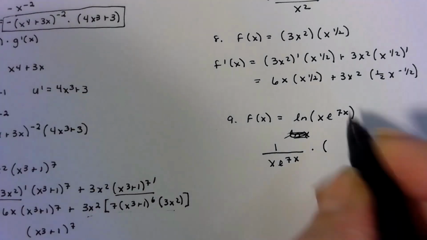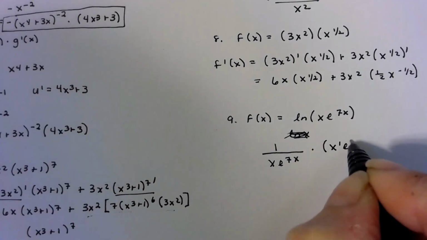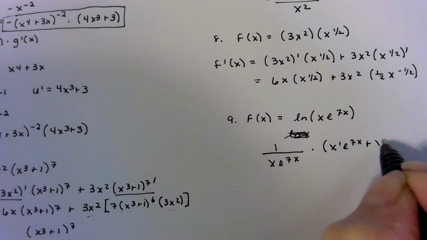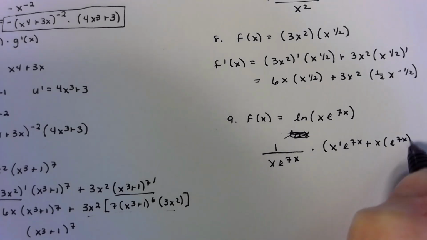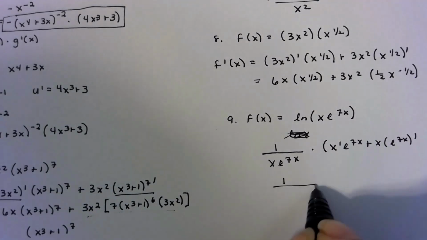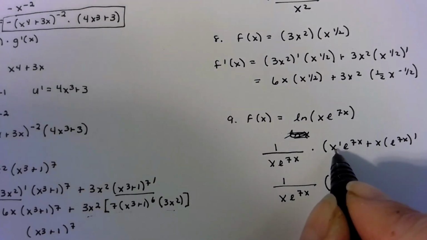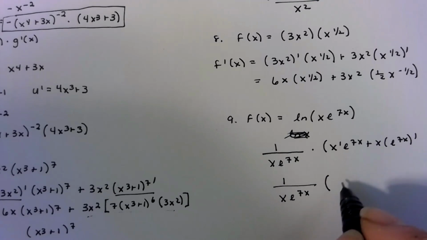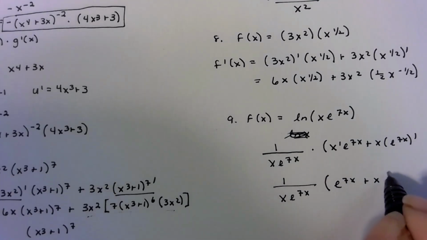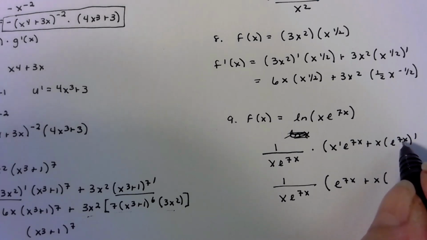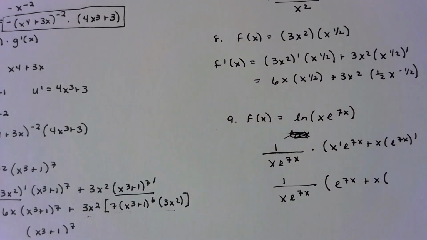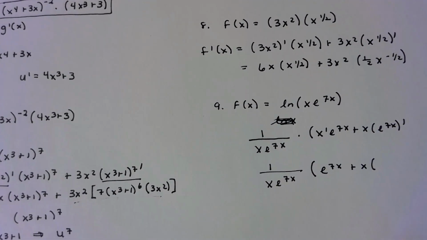So I have to employ the product rule. x prime times e to the 7x plus x times (e to the 7x) prime. So that's 1 times e to the 7x, plus x times the derivative of e to the 7x, which gives us e to the 7x plus x. Now this is chain rule, because remember e to the x is the function and there's stuff plugged into that x.